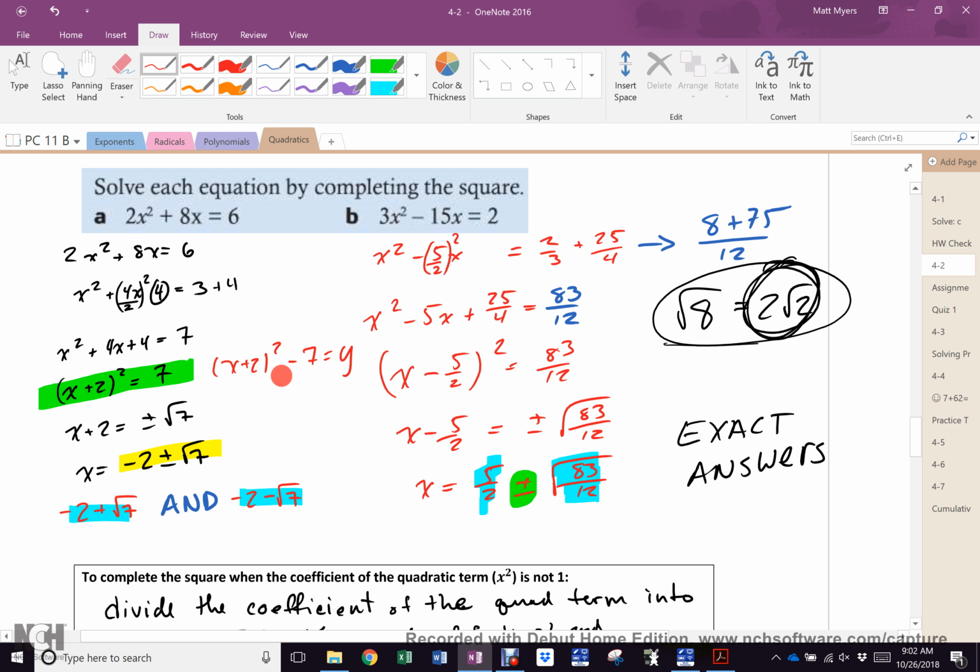Doesn't it? X plus 2 squared, bring the 7 over and leave a y there, right? Doesn't that look like vertex form? Looks pretty similar to vertex form to me.